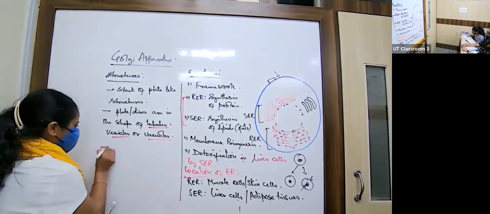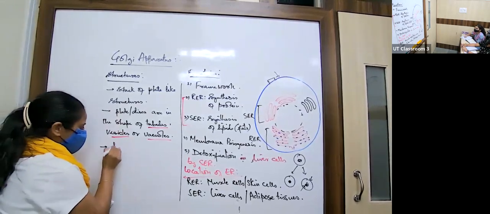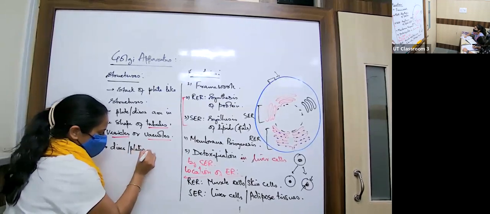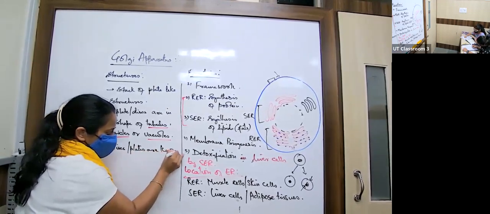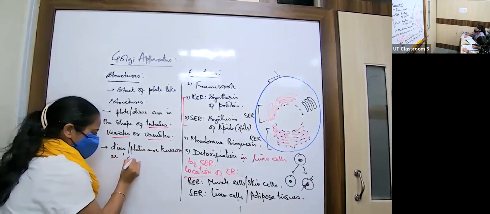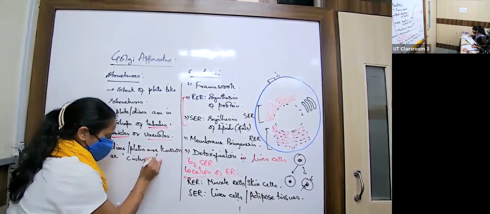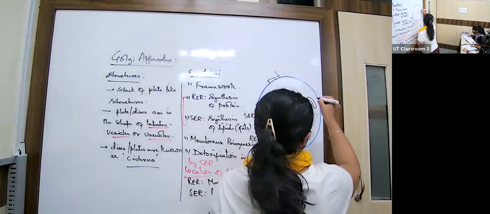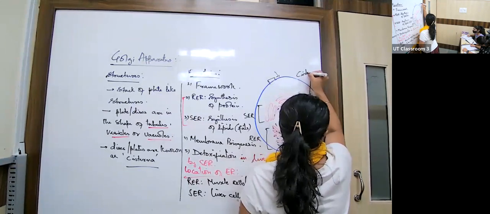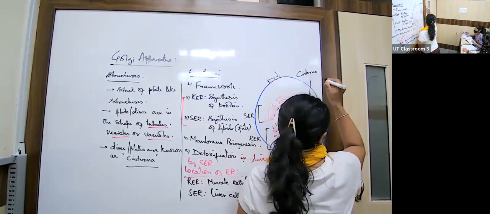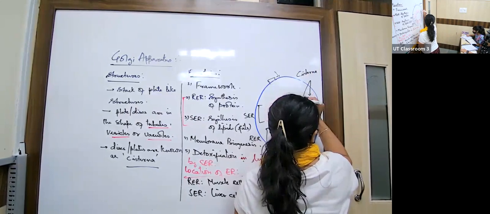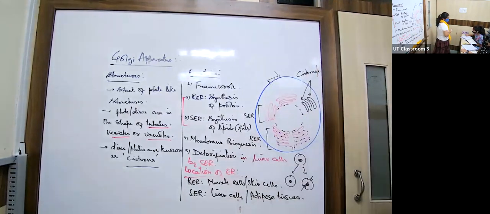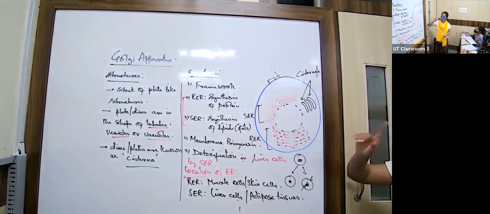And what are these discs known as? Discs or plates are known as cisterna. Which is a cisterna? This is a cisterna. If I label two or three, what will we write? Cisternae, N-A-E. I'll repeat.